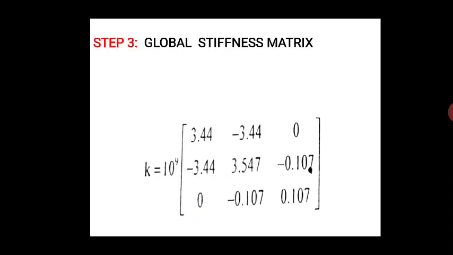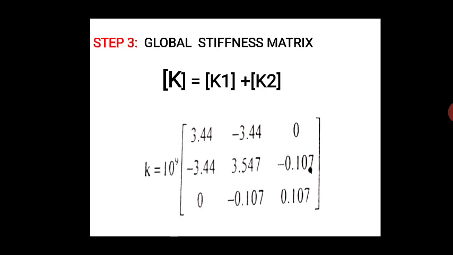Now considering the two element stiffness matrices, we write the global stiffness matrix, that is K is equal to K1 plus K2. Now let us combine the element stiffness matrix of element 1 and element 2. K is equal to 10 raised 9.